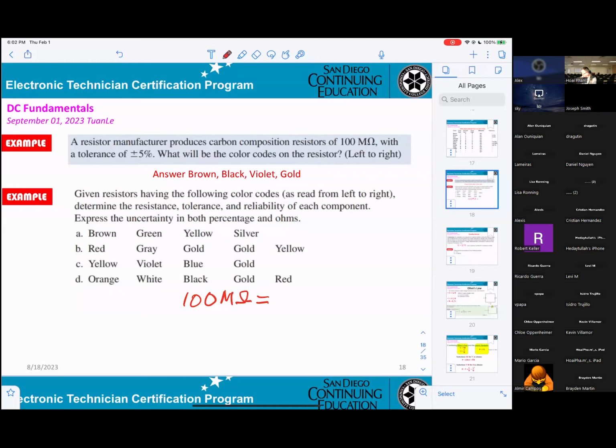Mega ohm will be a power of what? 10 to the 6th, yeah. 100 times 10 power of 6. Oh, right, same thing.